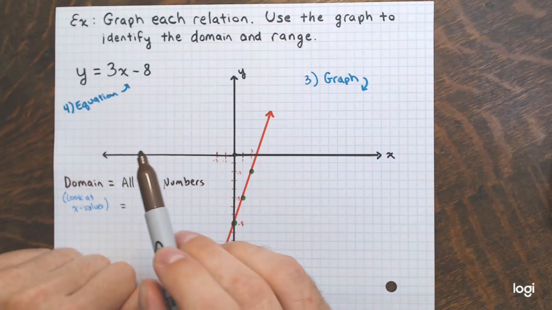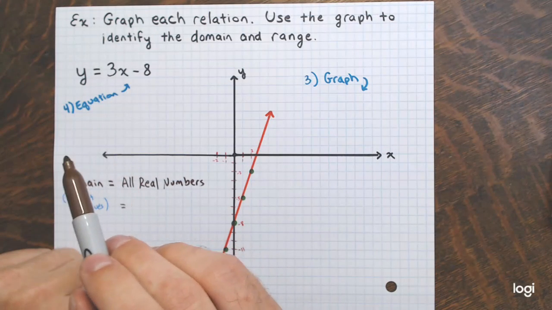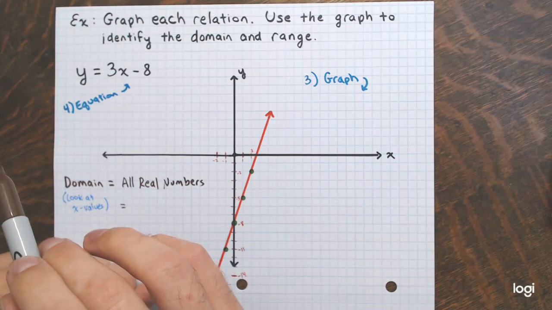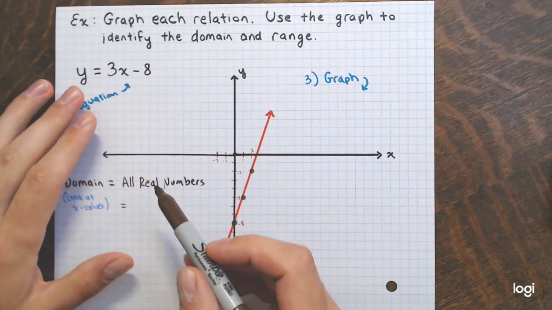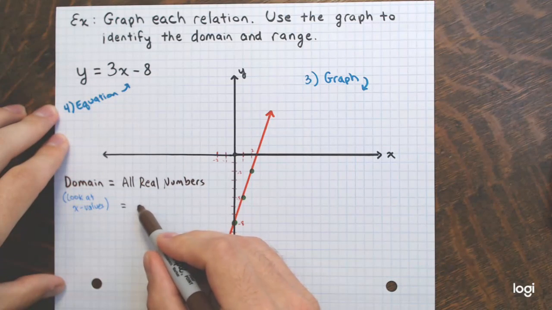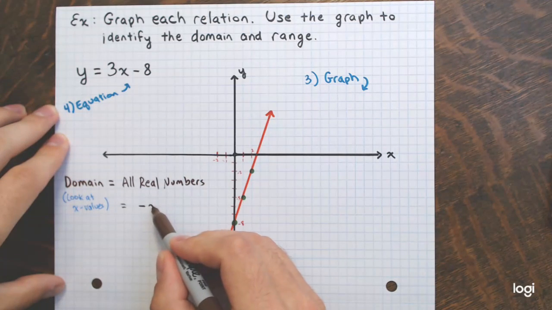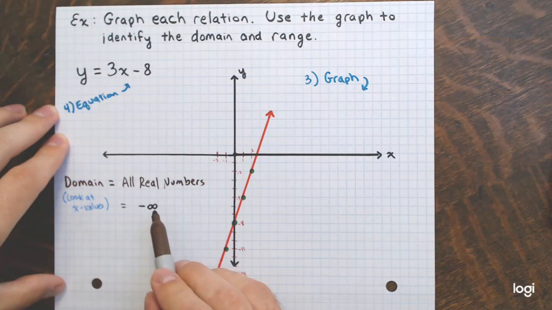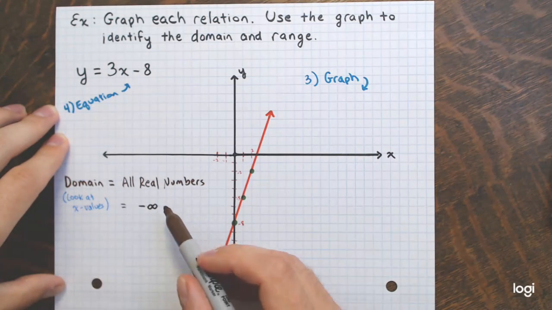I say -1,000, you could tell me -1,000,000. I say -1,000,000 is the lowest. Well, what about -1 billion? There is no lowest value in the domain. So to indicate that, we put a -infinity symbol, which indicates that there is no lowest value in the domain.